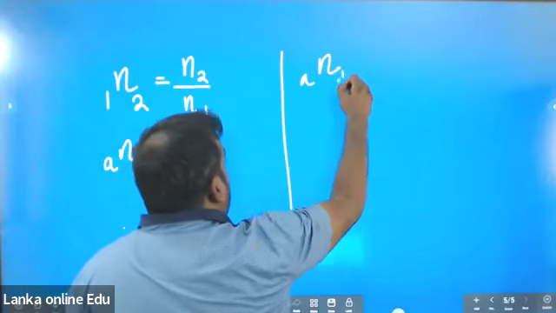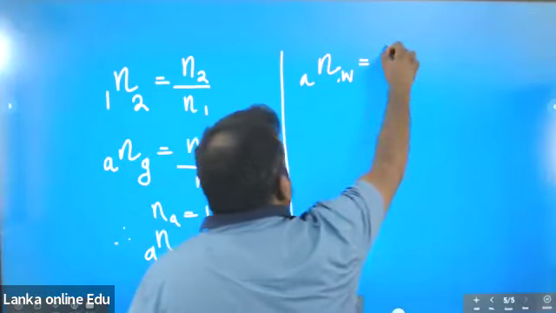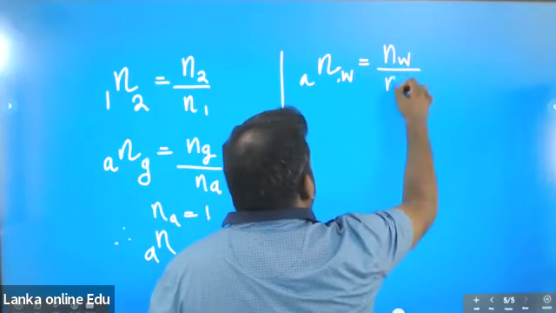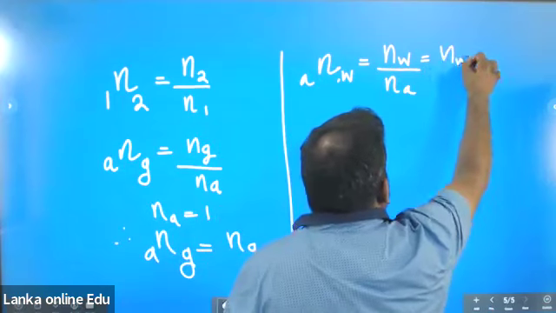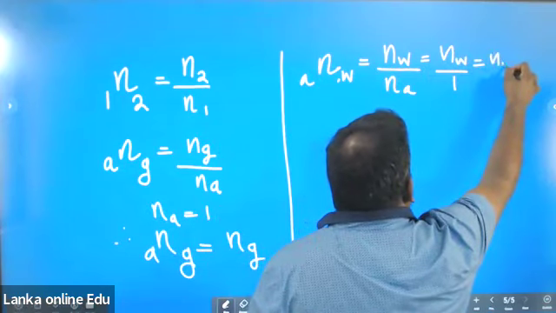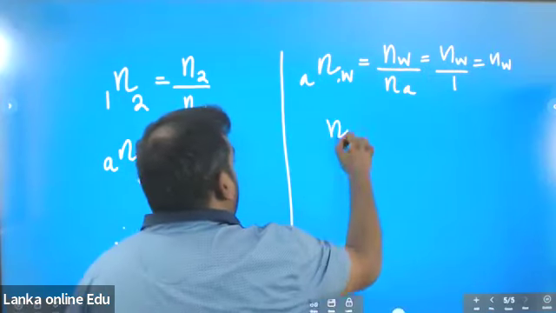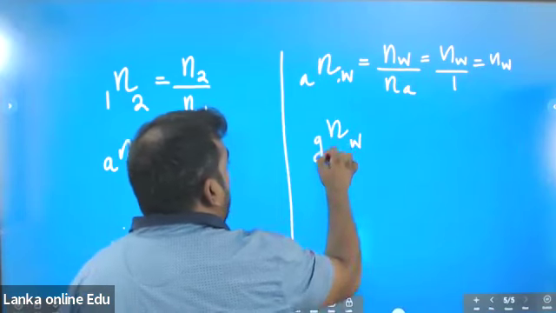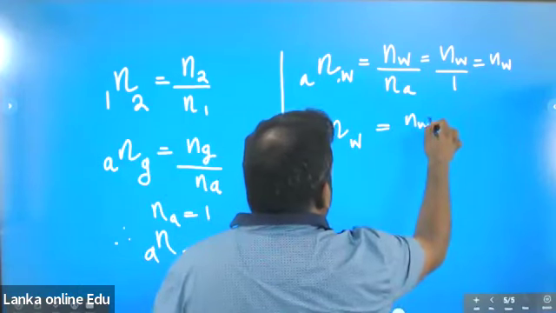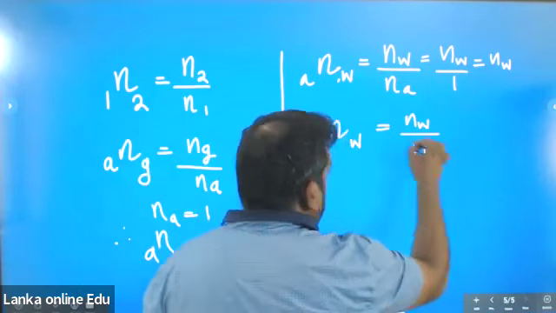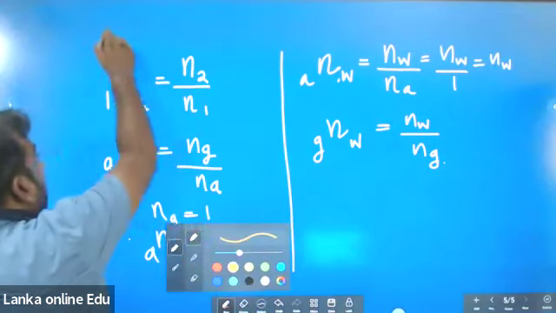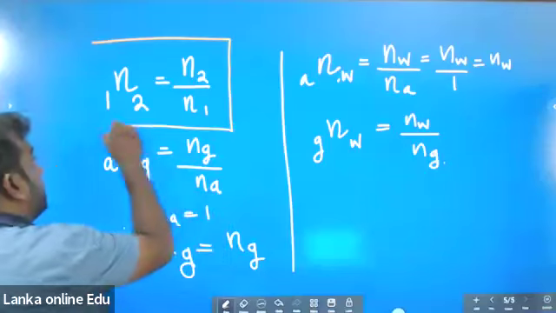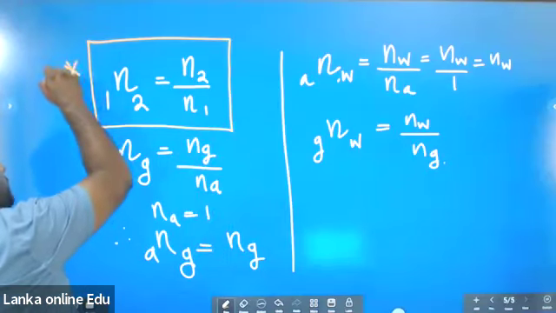Refractive index of water with respect to air: Nw divided by Na. Na is 1. So we can say Nw here. Refractive index of water with respect to glass: Nw divided by Ng. Very good. So this is how you write the absolute or relative refractive index between two mediums.